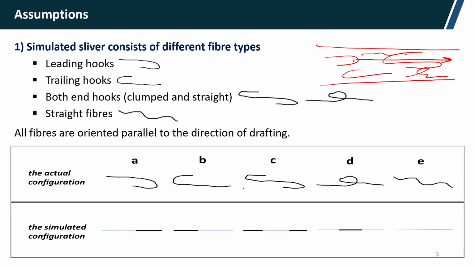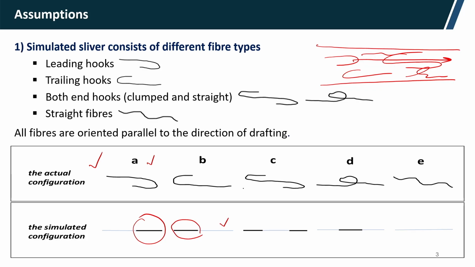The actual configuration is this leading hook, and during simulation, what was discussed here is shown with the leading side as a thick place and the trailing side as a thin place. In this way the hooks are being represented. Similarly, for a trailing hook, the trailing side is a thick place and the leading side is a thin line.